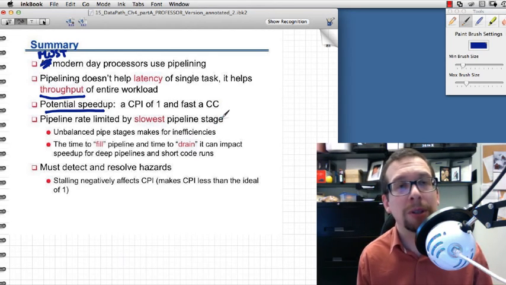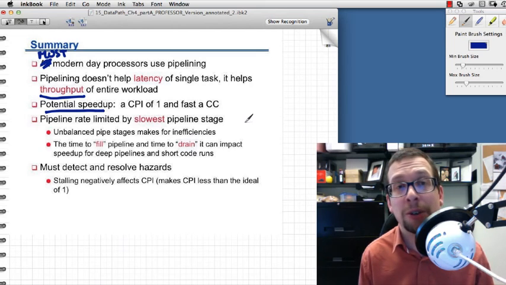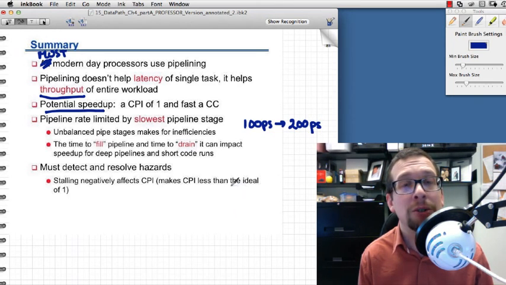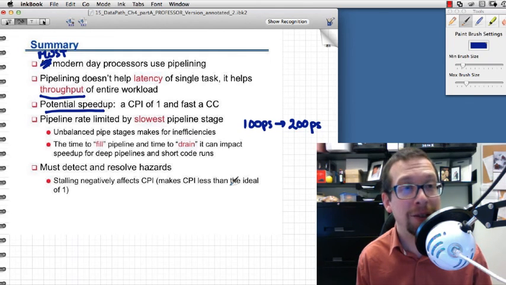And pipeline rate is limited by the slowest pipeline stage. That's always important. Unbalanced pipe stages make for inefficiencies, so you want to make sure things are nicely balanced out. That's why we did the trickery back there with taking individual stages that took 100 picoseconds and stretching them out, or allowing portions of it to be stretched out to 200 picoseconds, to help, for instance, with handling hazards.